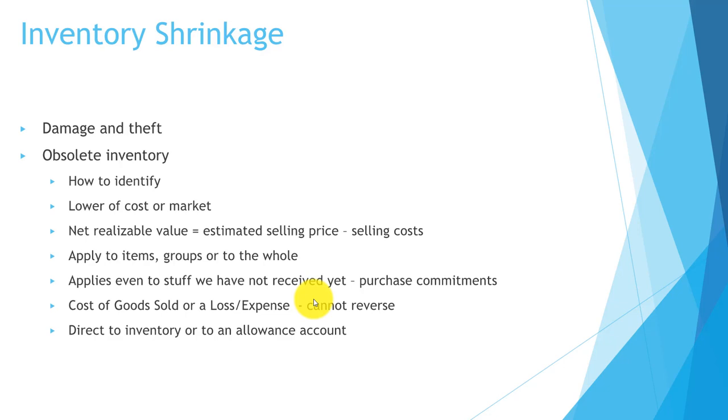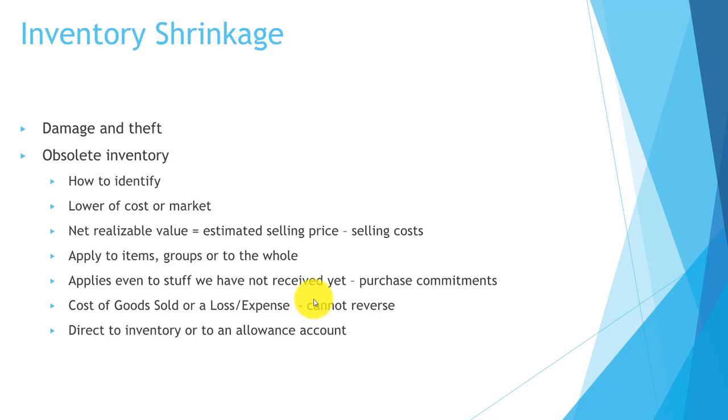If the price in the market, and we're talking about things that are more like commodities, like wheat or oil, drops below what your commitment is, you actually have to record that loss because you're going to pay more than it is worth. That needs to be recorded even though you haven't received it yet. So when the price changes.